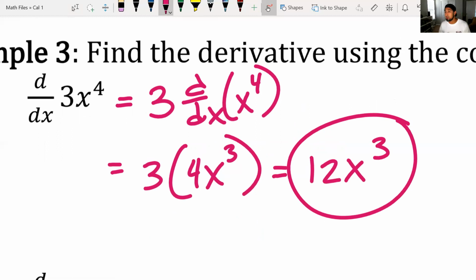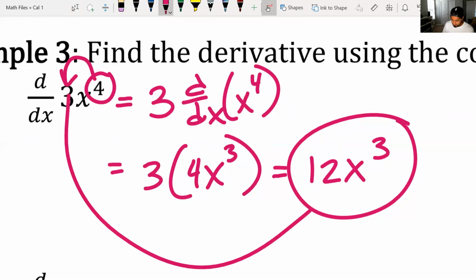Now the question here is, do we always have to pull that number out in front and bring it in later? No. We can go ahead and just take the derivative straight on. If we started back at this first term, at the beginning, this 4 comes down and multiplies the 3, which gives us 12.